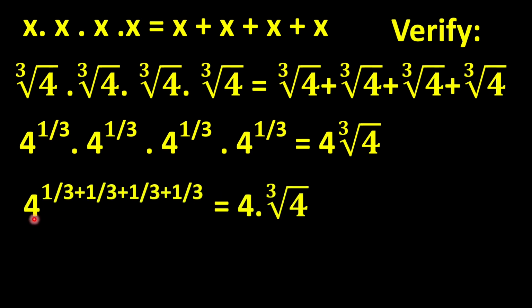So we can write this as 4 power 1 divided by 3 plus 1 divided by 3 plus 1 divided by 3 plus 1 divided by 3 equal to 4 times cube root of 4. Now these are 4 times 1 divided by 3, so it will become 4 power 4 divided by 3 when we add all these values, which is equal to 4 times cube root of 4.